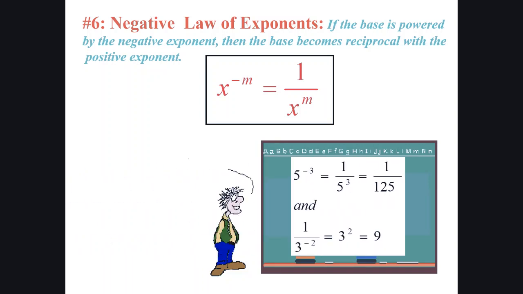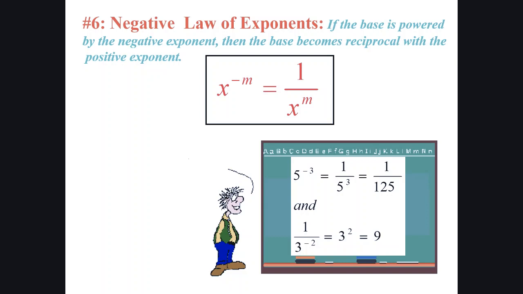And a number example would be something like this. 5 to the negative 3 power would be 1 over 5 to the positive 3, which would be 1 over 125. And vice versa. If your negative exponent is in the denominator, flip it and bring it to the numerator and make it positive.